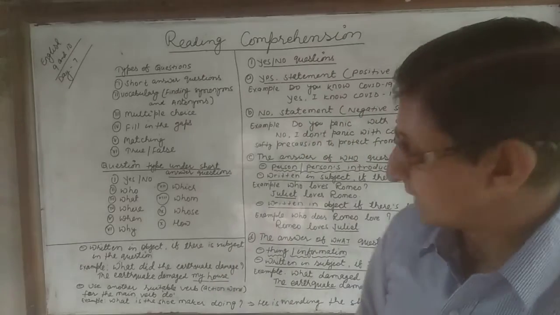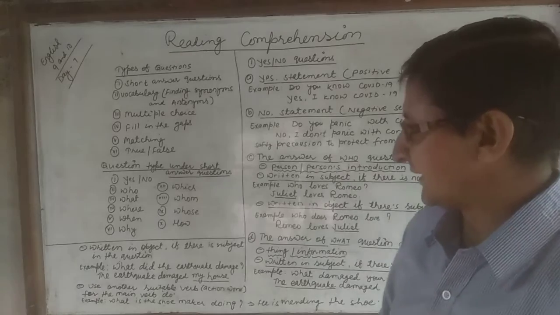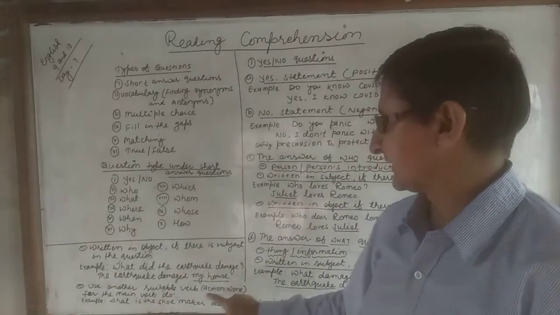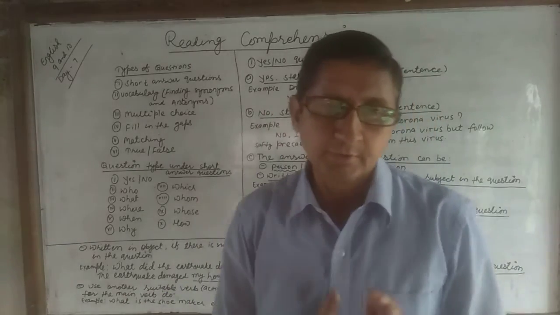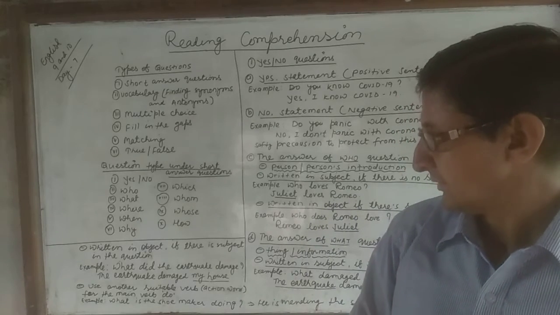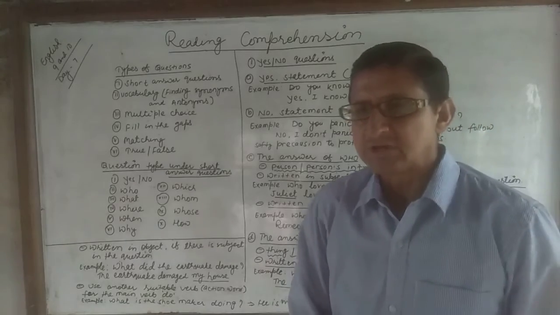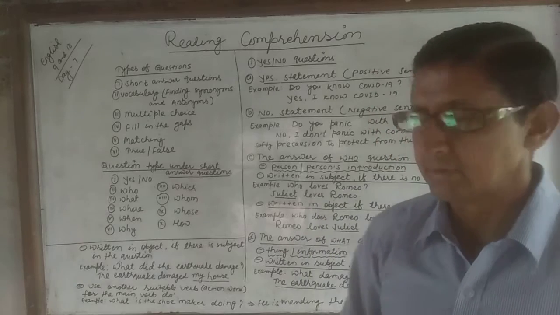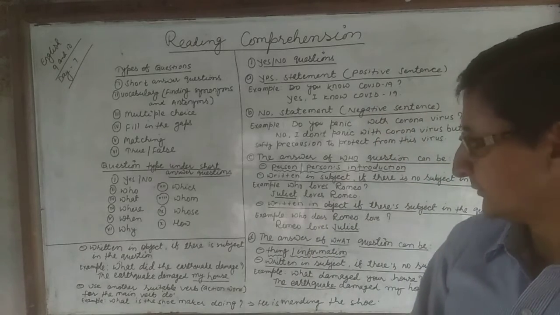Another thing you have to understand in a what question is to use another suitable verb, an action word, for the main verb do. If there is the use of do, does, did as a main verb in the question, you have to find out another suitable verb, another suitable action word, to write the answer of the question.